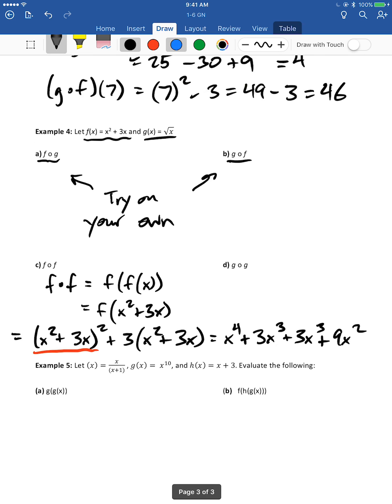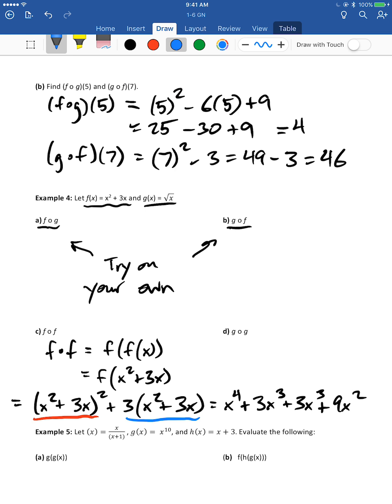And now let's include this when we distribute the 3. We have plus 3x squared plus 9x. And if I combine my like terms there, what I end up with is x to the 4th plus 6x cubed plus 12x squared plus 9x.